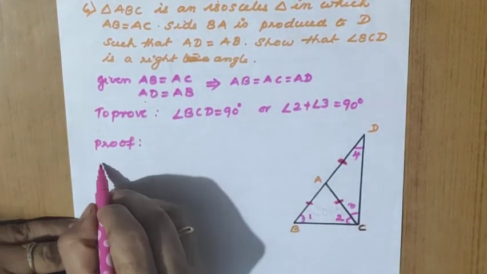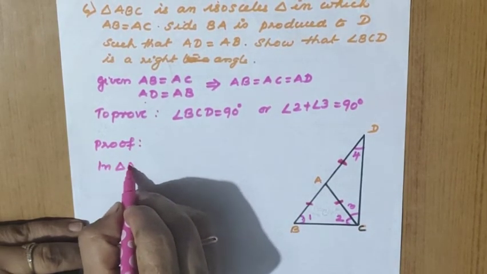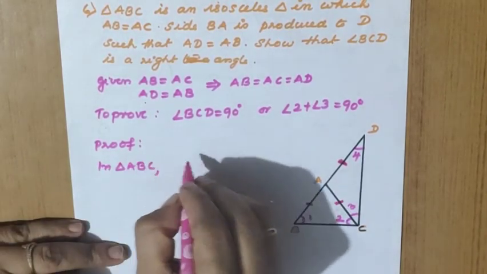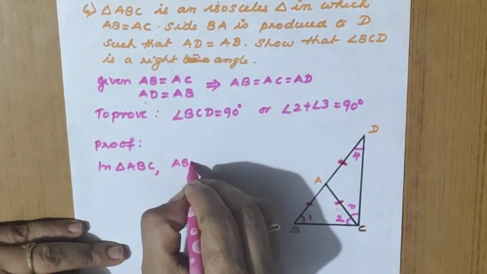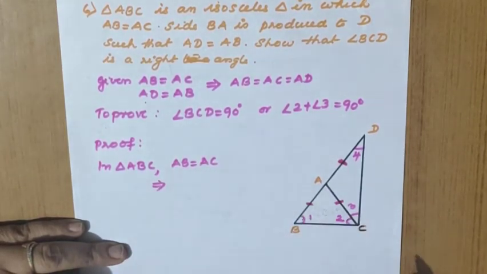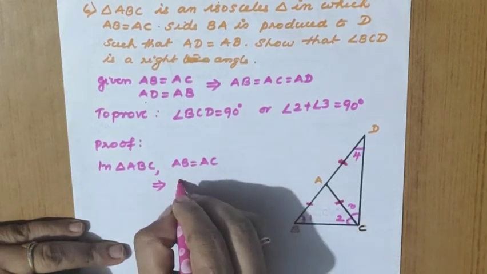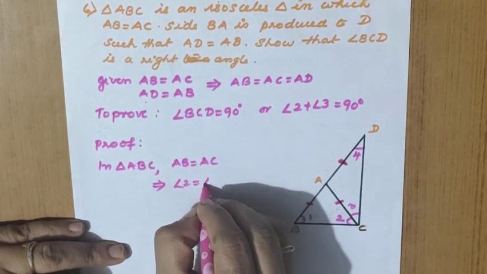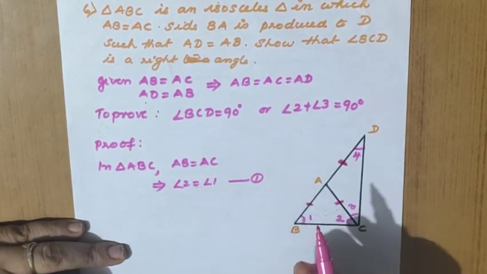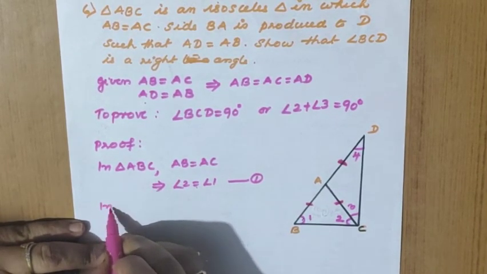Okay, in triangle ABC, AB equal to AC. So what we can write? Angle 2 equal to angle 1, equation number 1. What is the reason? Angles opposite to equal side. I'll go for the second triangle.